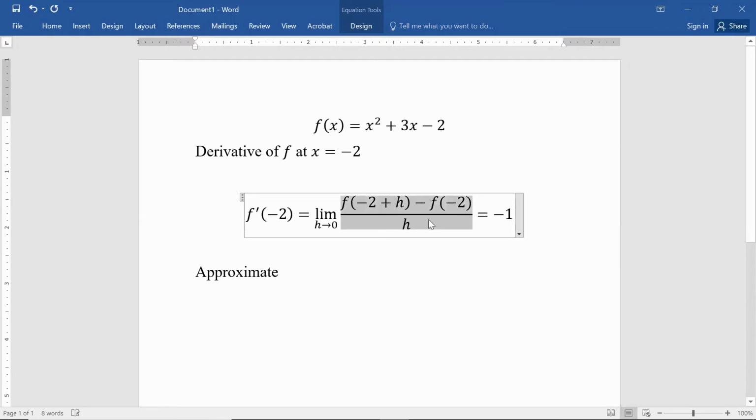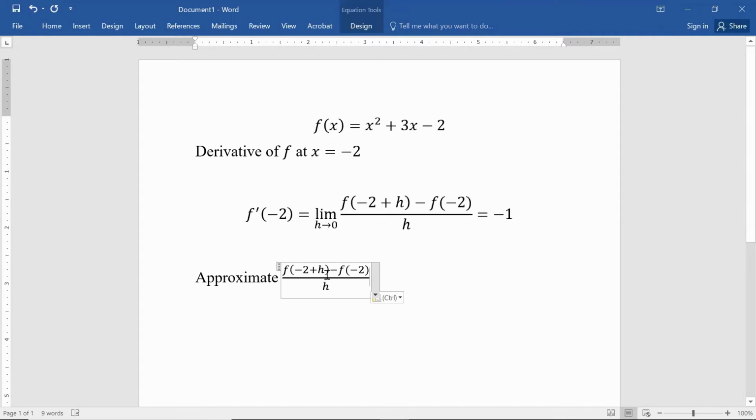So instead of taking the limit of this difference quotient, we're going to take the difference quotient with a really small value of h. Maybe I plug in, for instance, an h of 0.01. If I do that, that's going to give me really close to the limit as h goes to 0.